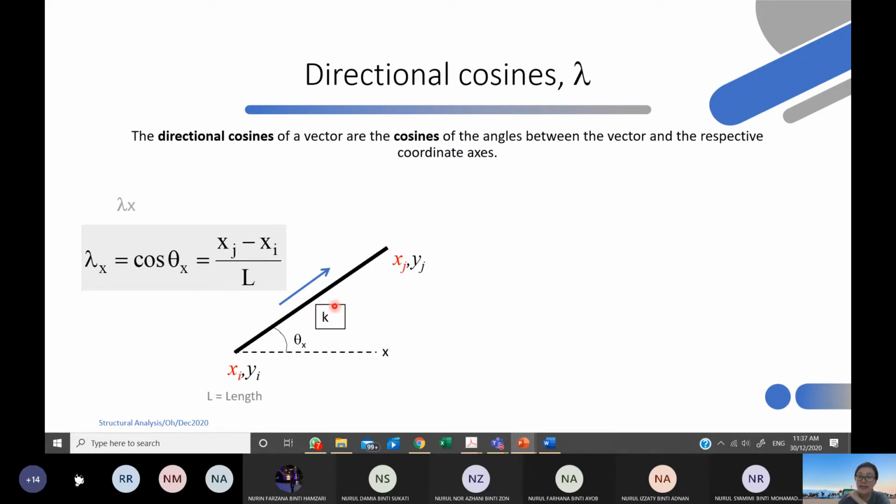So I name it element K. This arrow will show where is the near end, which is indicated as I, and where is the far end, which is indicated as J. So they have coordinates at these near end and far end nodes. Then you are going to get the cos theta, if you are to determine the lambda x.